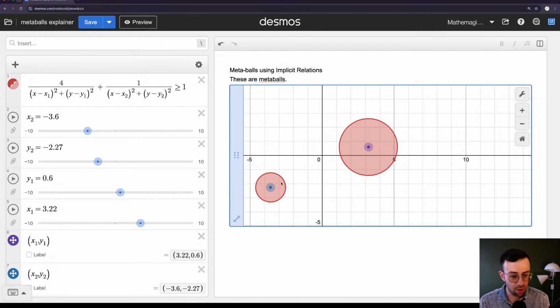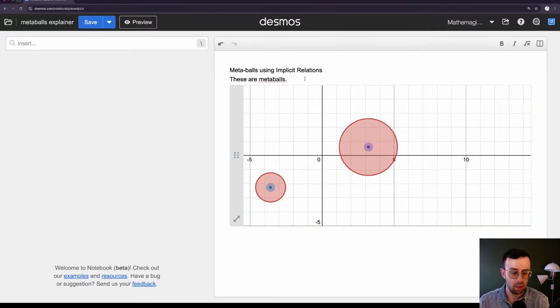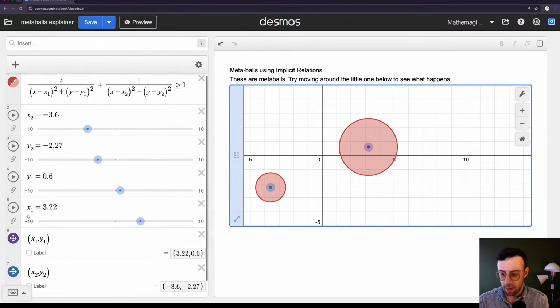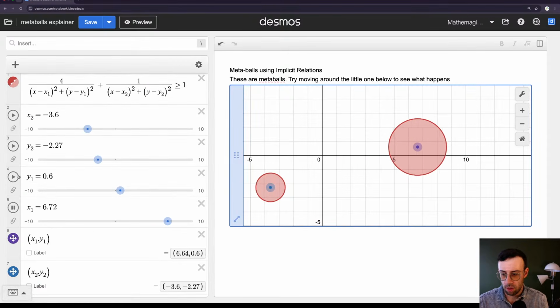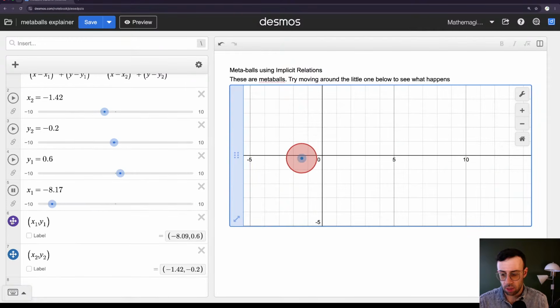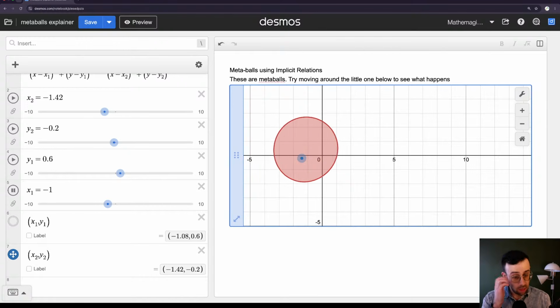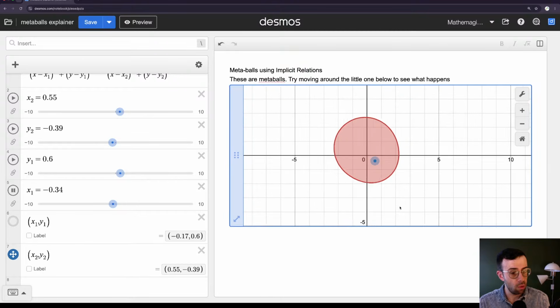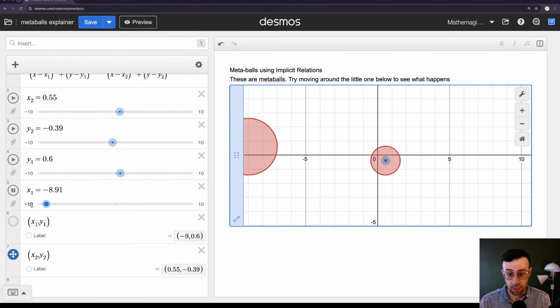Okay, so maybe I'll just write, these are metaballs. Try moving around the little one below to see what happens. I'll just have one of the circles playing, and I'll keep that one there. So I'm going to turn off x1, y1, and I'll make sure that my x doesn't go off the map.